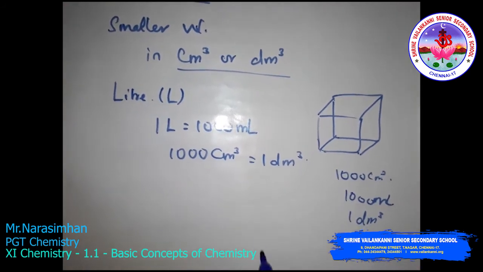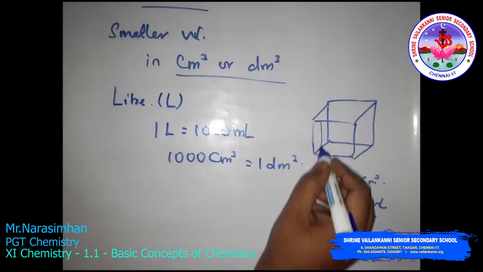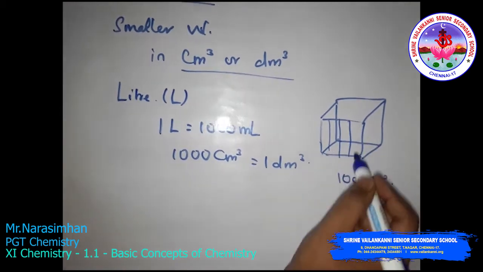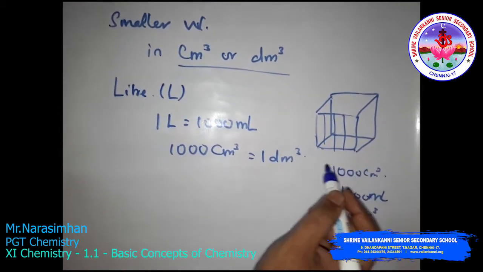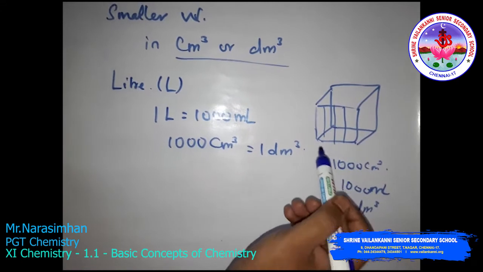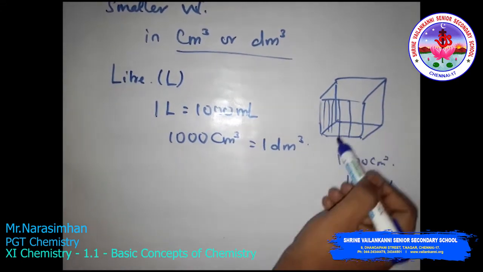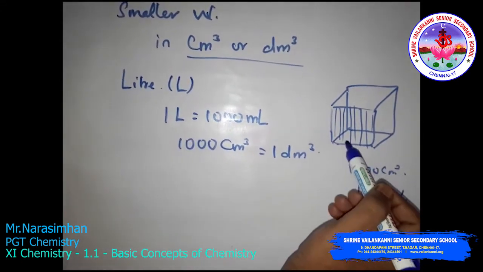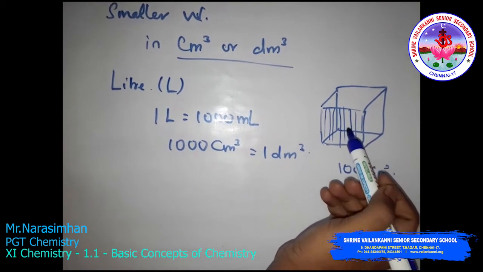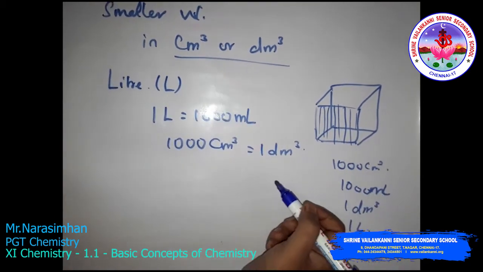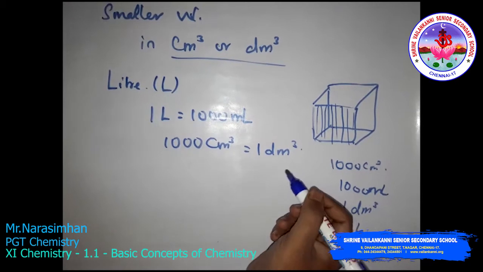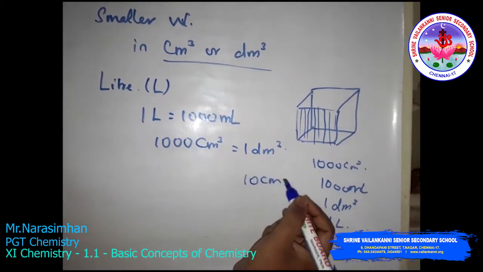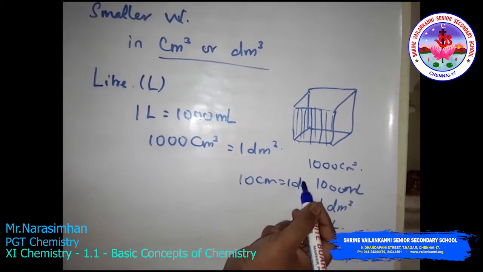See here, if you cut like this, each division of 1 centimeter goes up to 10 times. So 10 centimeter is equal to 1 decimeter.